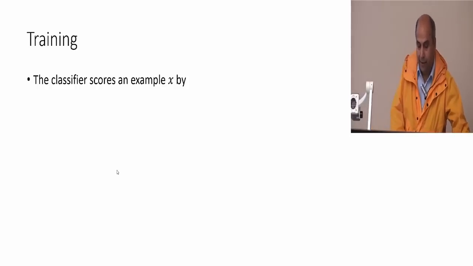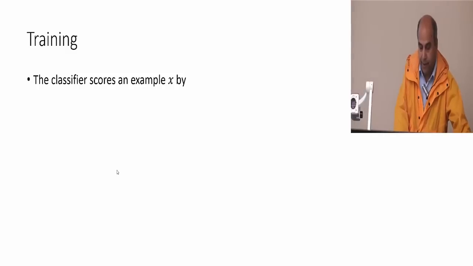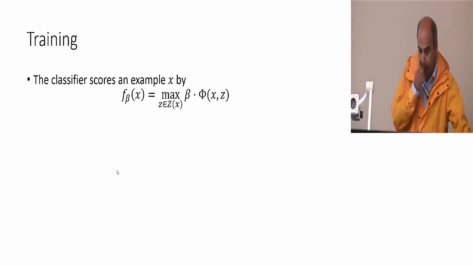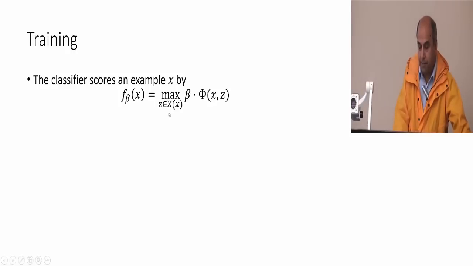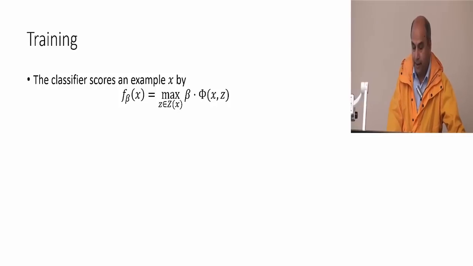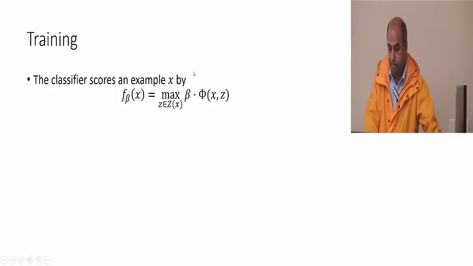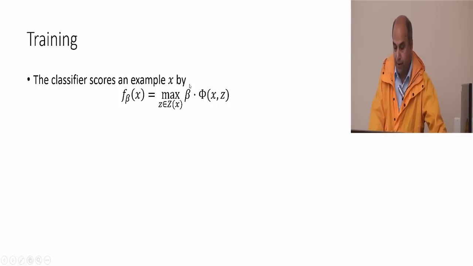So how are we going to do that? We will have the classifier score an example X by this, and that's what we have been trying to do. So Z is from a set Z(X), the possible places these parts can be, and these are your filters and unknowns, and this is your HOG.